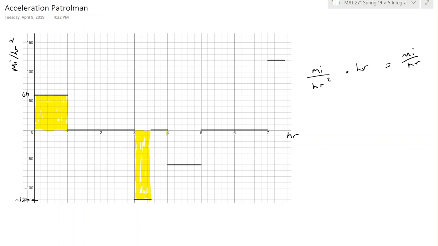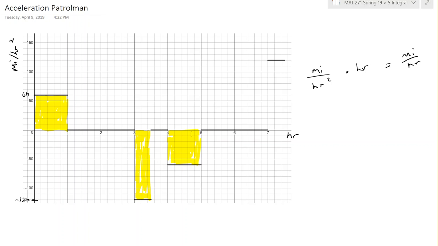And then he goes and accelerates in the negative direction. So maybe he's coming home now. If we calculated this area, and it's below the x-axis, so we'll call it negative, he's at negative 60, and that would be the height, and the width is just 1.